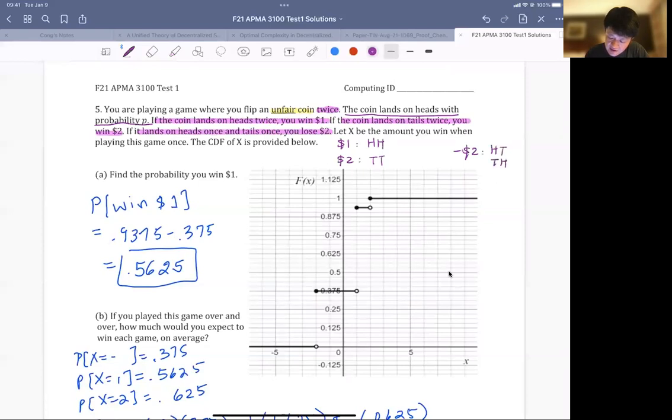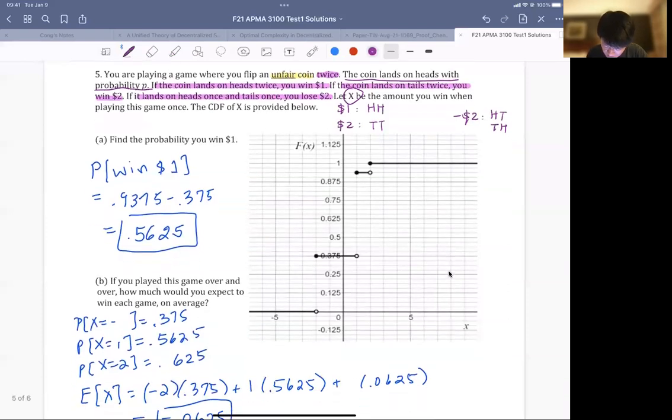Okay. And now I define a new random variable X to be the amount you win when you play this game exactly once. So think about it. What is the range of X? X can be $1, $2, or minus $2. And now you're given the CDF. So let's look at this plot, right? First of all, we have taught in the class, you need to look at these possible values.